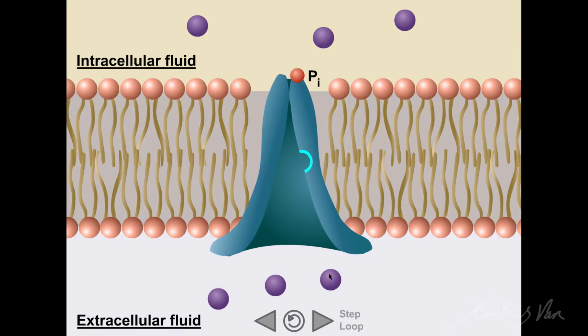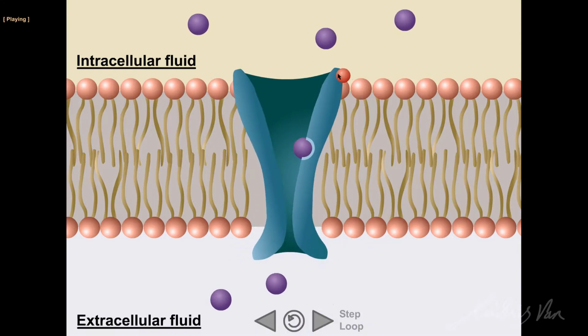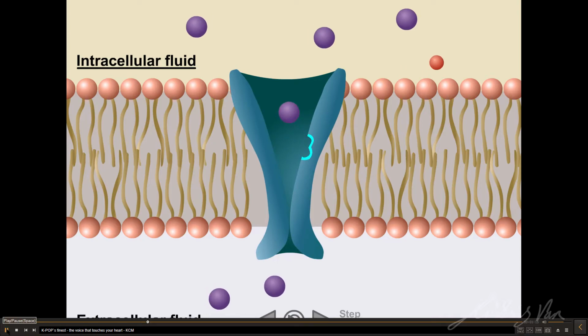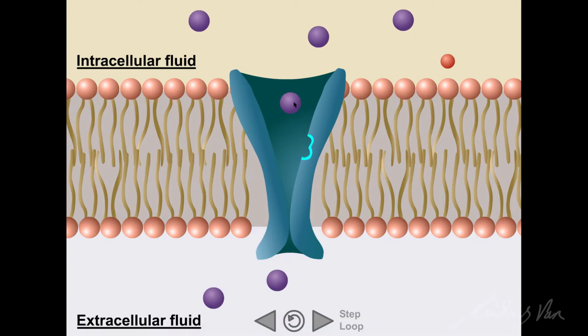So what is going to happen is the molecule is going to bind to the binding site. Then the channel protein will change its shape. After the channel protein releases the molecule, the binding site will change back into its original shape.